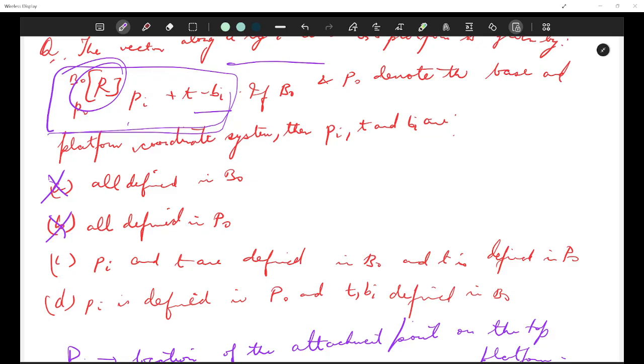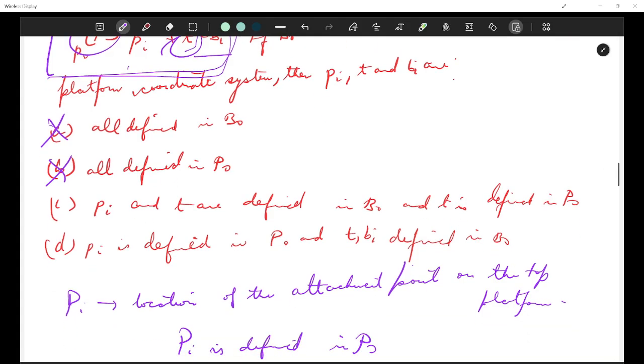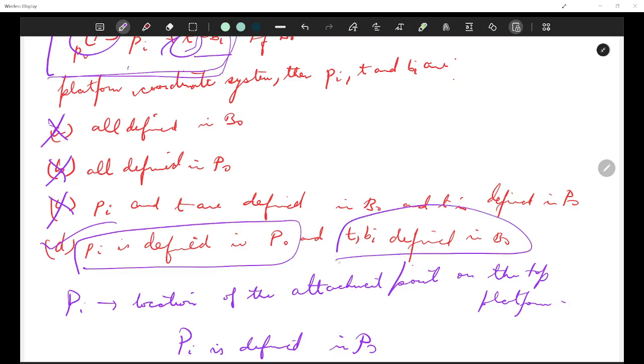The third option is PI and T are defined in B naught and T is defined in P naught. This is internally inconsistent. Translation vector, which is T here, must be expressed in the same frame as the final computation. So it is wrong. And the last option is correct because PI is defined in platform frame and T and BI both are defined in base frame.